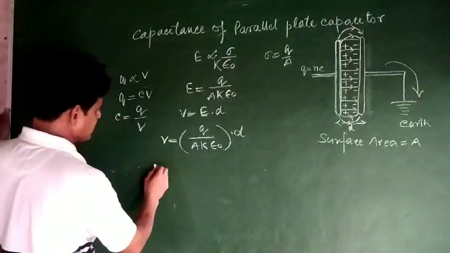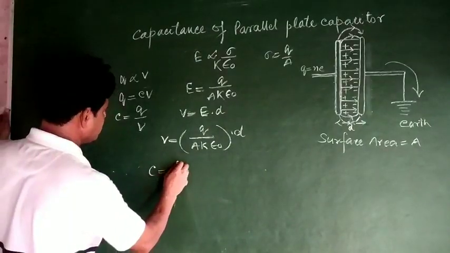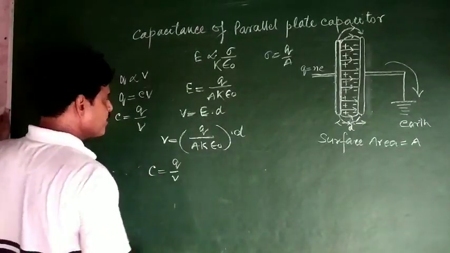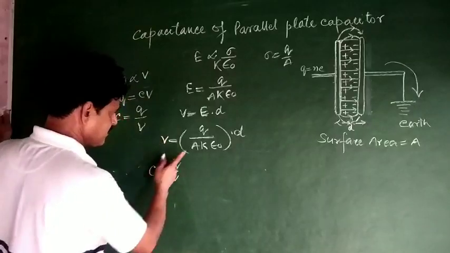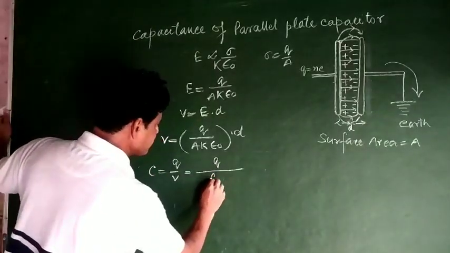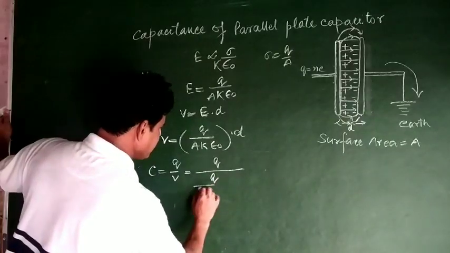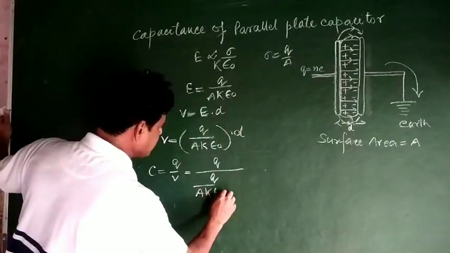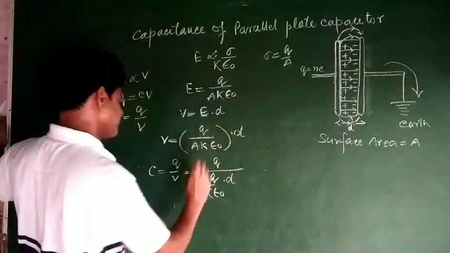So in this equation, C is equal to Q by V, we put the value of V, which gives Q divided by Q by A K epsilon 0 into d.